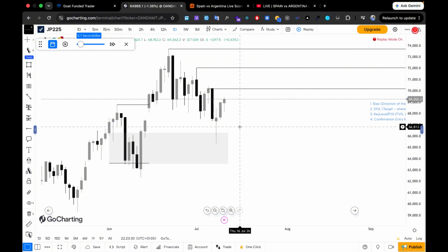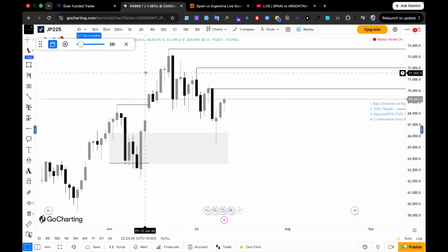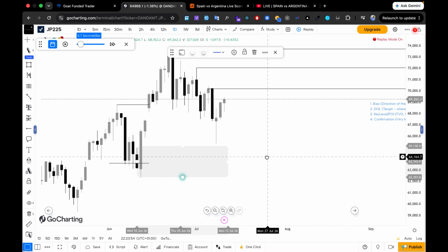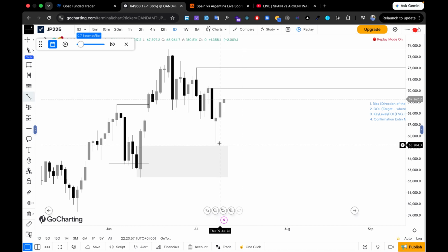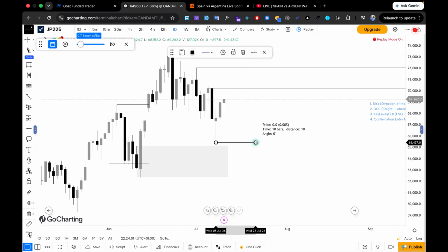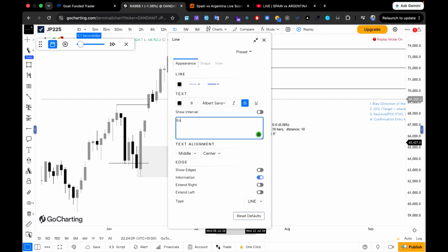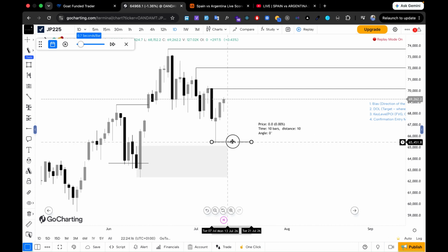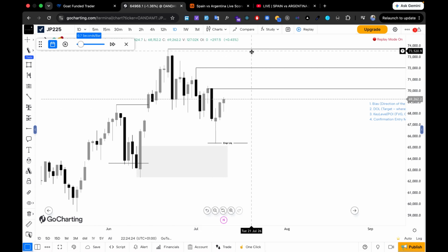I was somehow wrong because on the daily, if you look, we still have a POI here that is not mitigated, right? We still have this POI that is not mitigated. And I just felt that price will use this as engineered liquidity to come to this daily POI, then that's when it will start buying.